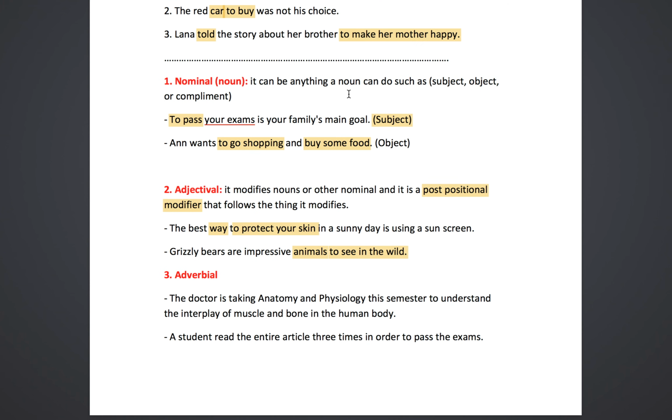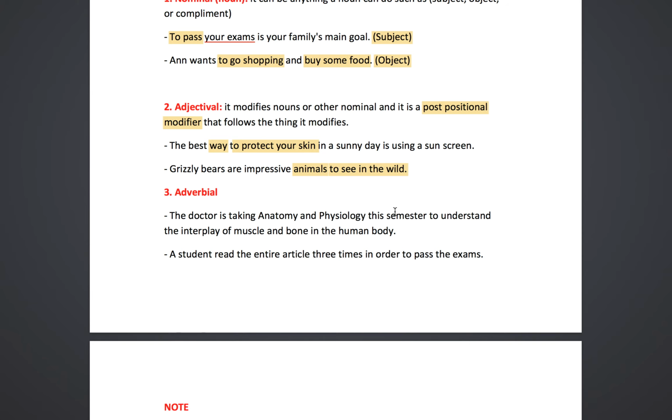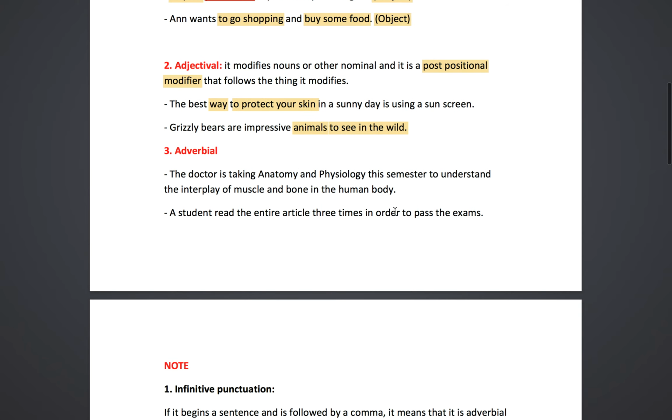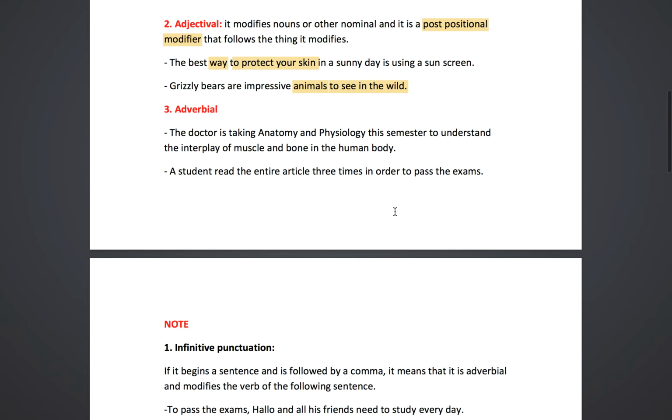They are all about the nominal, which could be a subject or object of a sentence, as we said. And the second use is adjective. The last usage is adverbial, as I mentioned before.